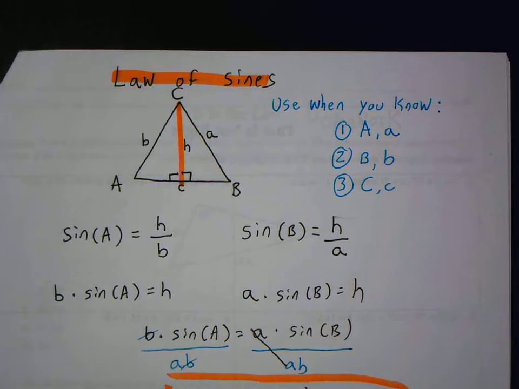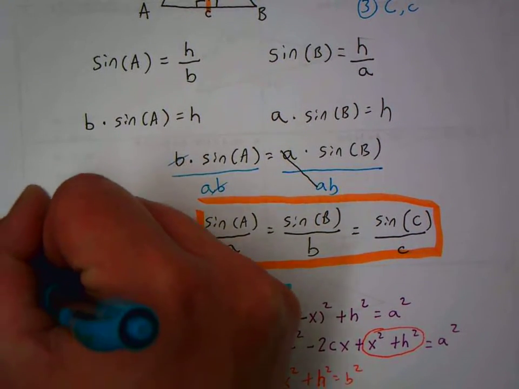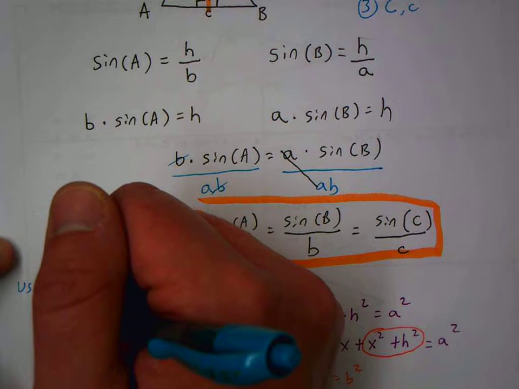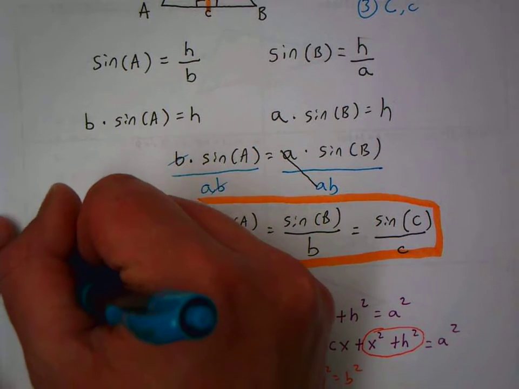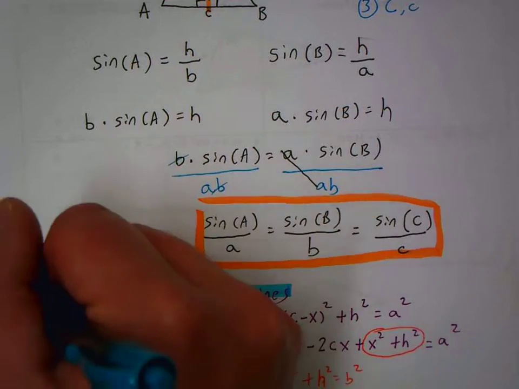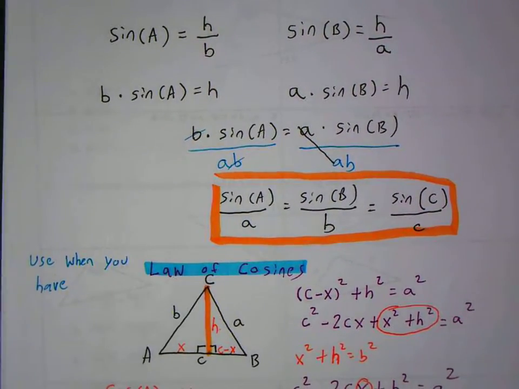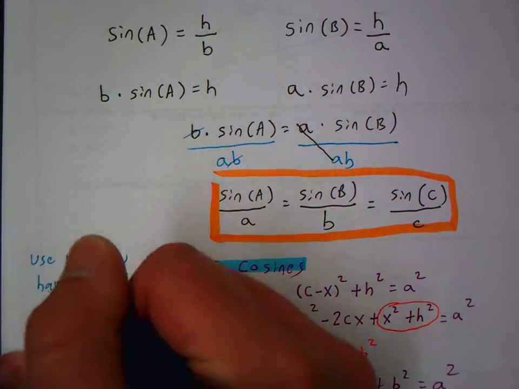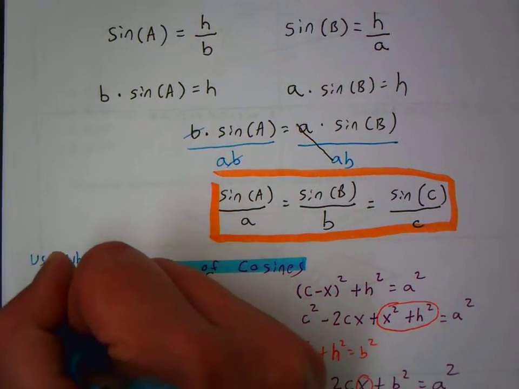And then law of cosines, you're going to use basically when you have a triangle and you know the side, the angle, and the side.